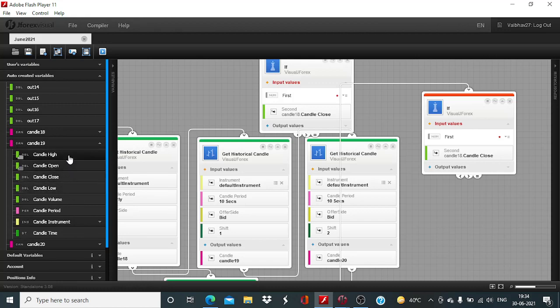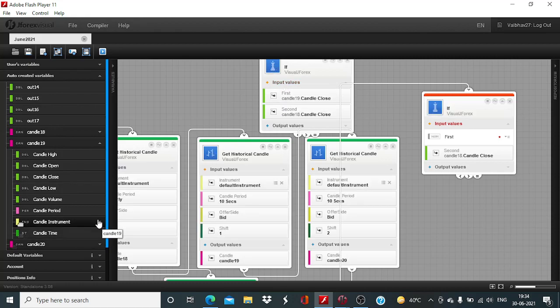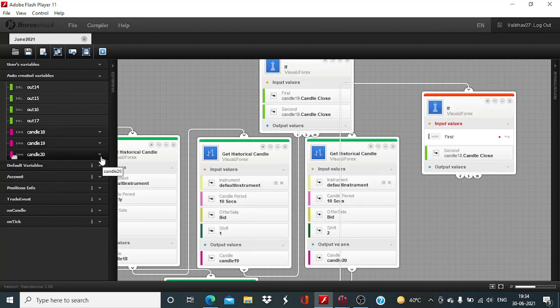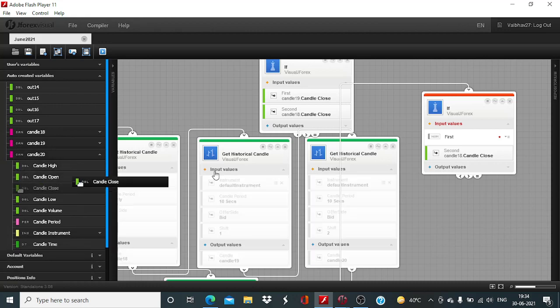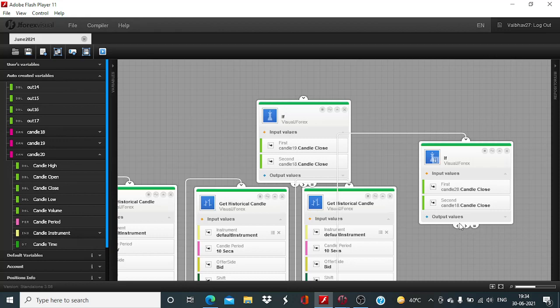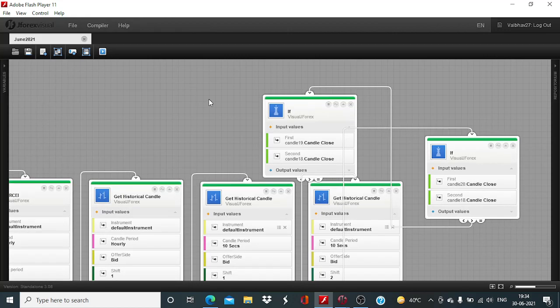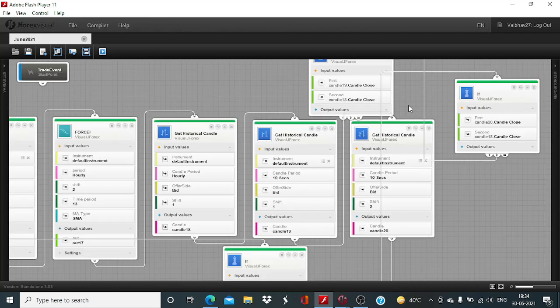So we are going to need candle 19's closing value and candle 20's closing value. First input greater than second input, and after that the candle 19 should have closed lower.